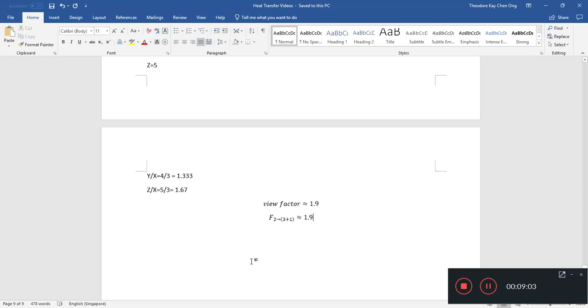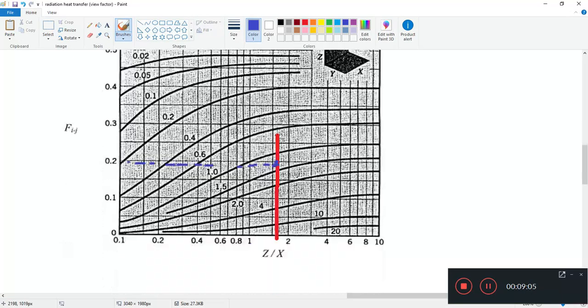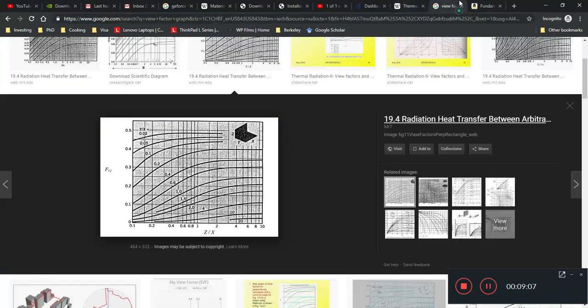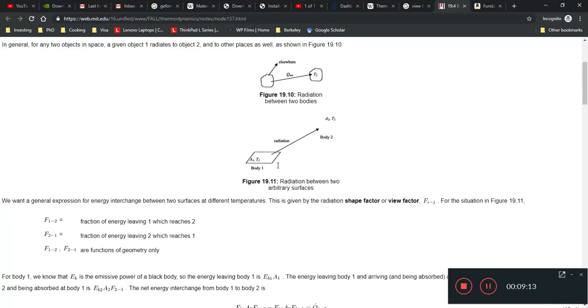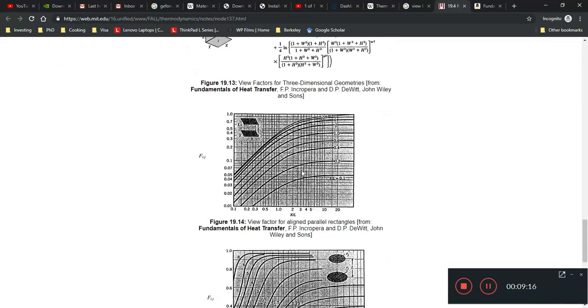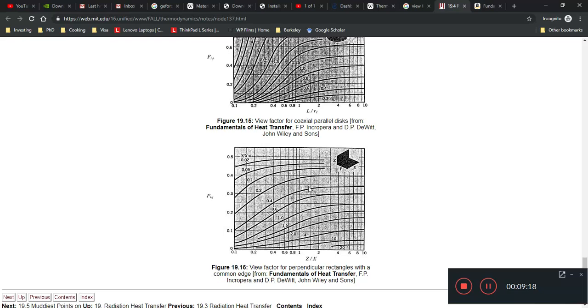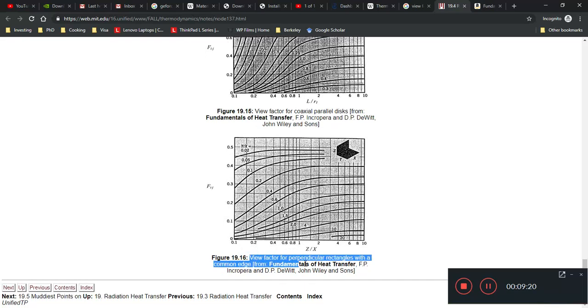Okay, let's see again whether we double check our calculations, see whether it's correct. We want to make sure we are getting the right view factor, of course. So view factor for rectangles with a common edge. Wow, that's helpful.